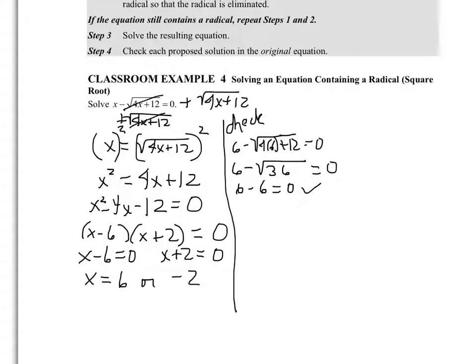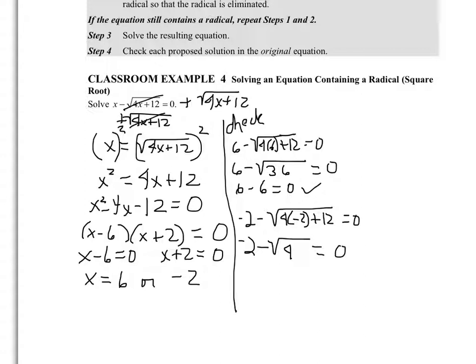I know 6 is a solution. If I were to go back and use negative 2, and I put in negative 2 everywhere I have an x, then it's going to look like this. I would have negative 2 minus the square root of 4 times negative 2 is negative 8. Negative 8 plus 12 is a positive 4.